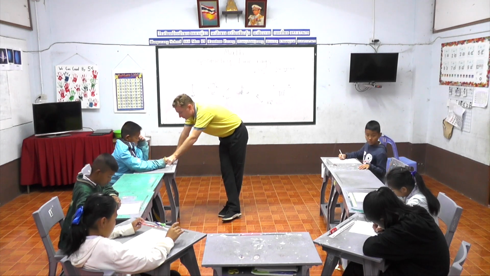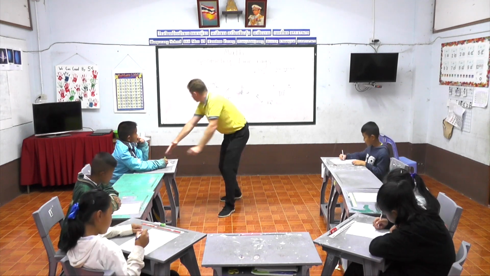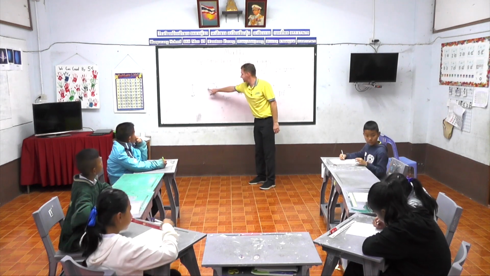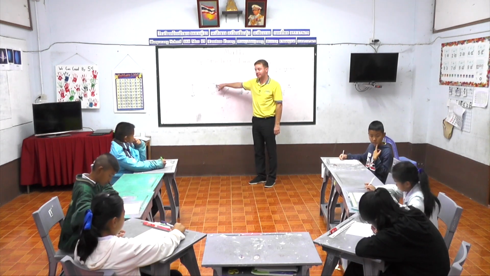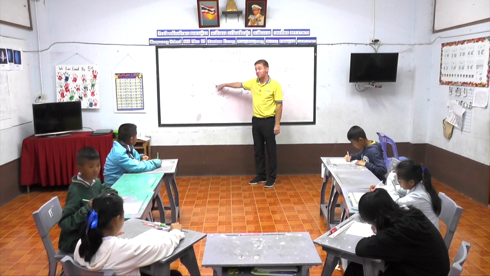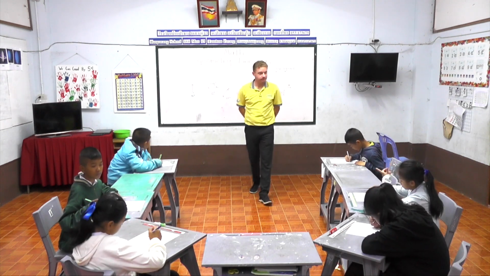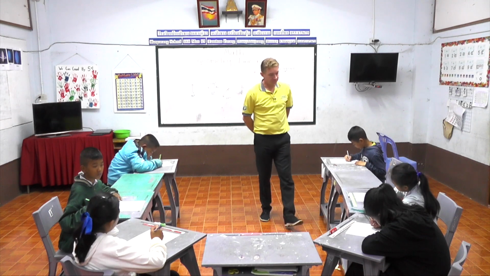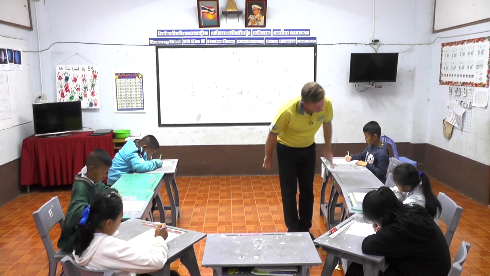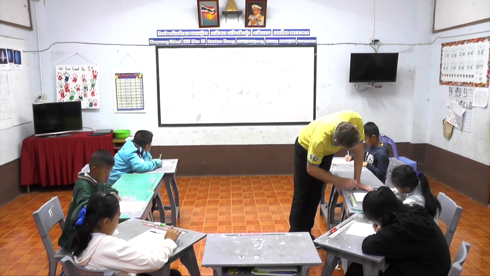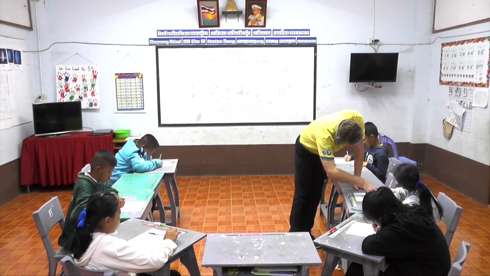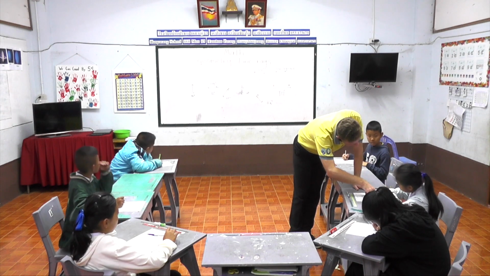So the arrow, if it's got 1 point at one end and an arrow at the other, today we're learning about rays. So this one, how many points? 2 points.